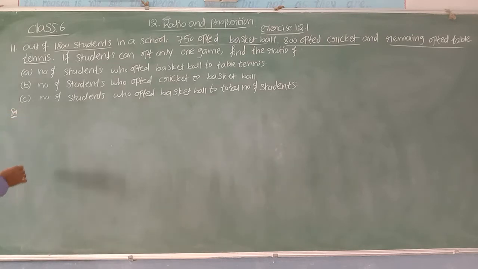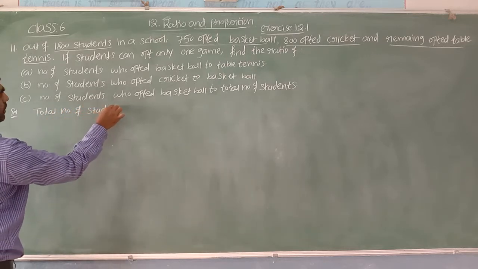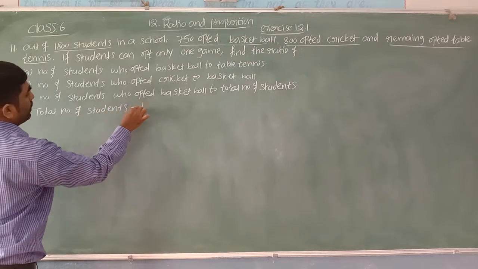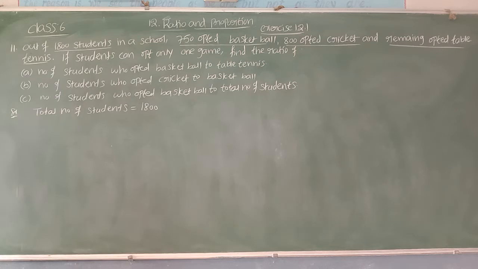First let's write the total number of students. Total number of students is equal to how many? 1800. Next we write the number of students who opted for basketball.